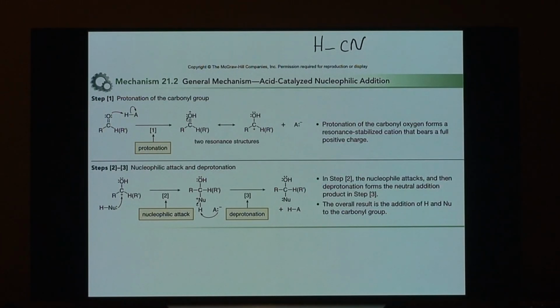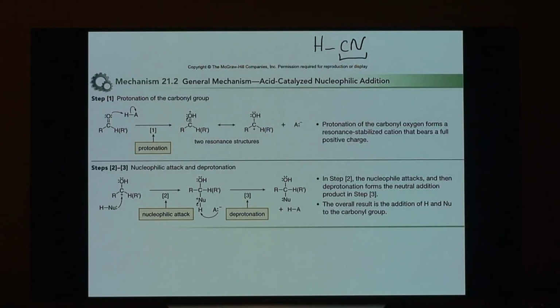It starts with a hydrogen, it is an acid. I know that the CN over here is my nucleophile, but it is basically connected to the hydrogen. I need to free it from the hydrogen so that it becomes a CN negative and it attacks the carbonyl.